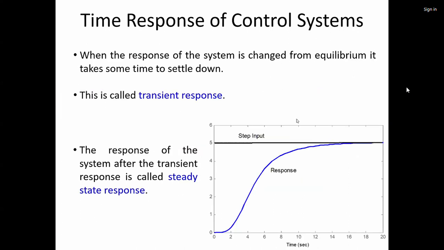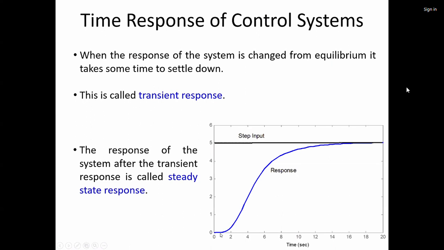So we talk about this example. Let's say initially your system is at some equilibrium and you change the input. Let's say you give a step input, and so initially the input is here, the output is also here. Now suddenly you give a step input, okay, a non-zero step input.